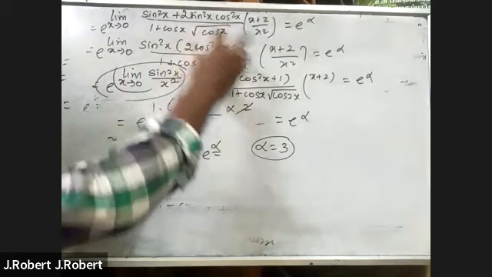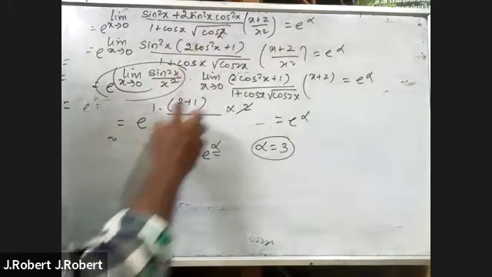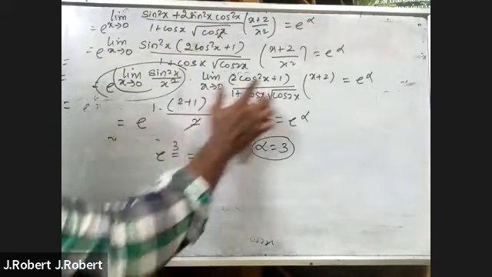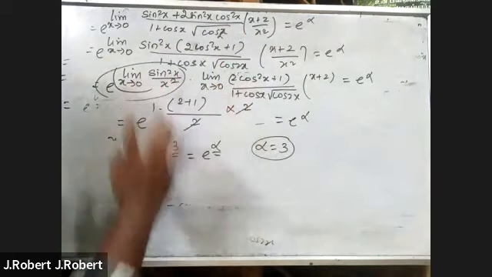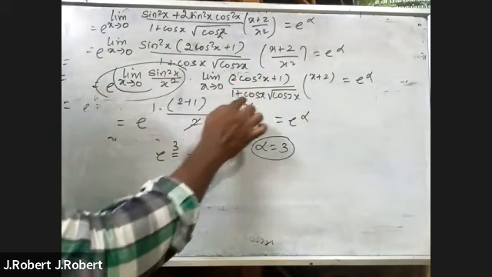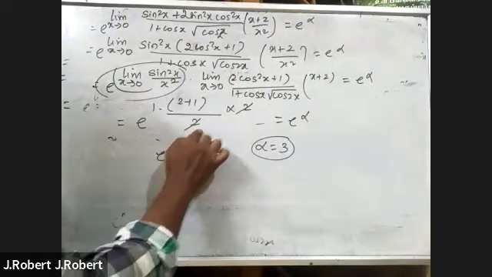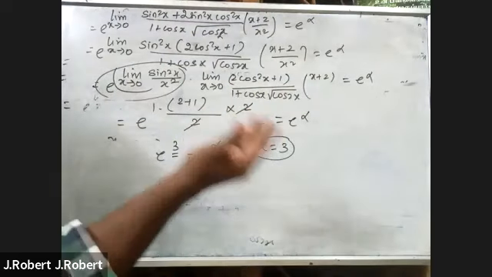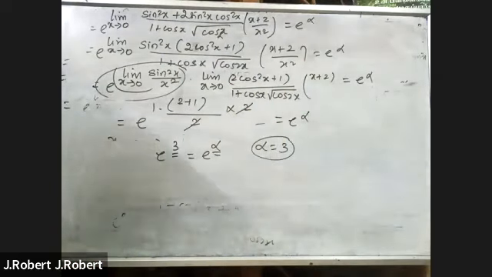We use direct substitution and get e power, already its value 1, multiplied by cos 0 is 1, 1 plus 1 is 2, 2 plus 1 becomes 3, divided by cos 0 is 1, 1 plus 1 is 2, 0 plus 2 is 2, the 2s cancel, we have e power 3. Comparing with the right hand side, the power says alpha is equal to 3.